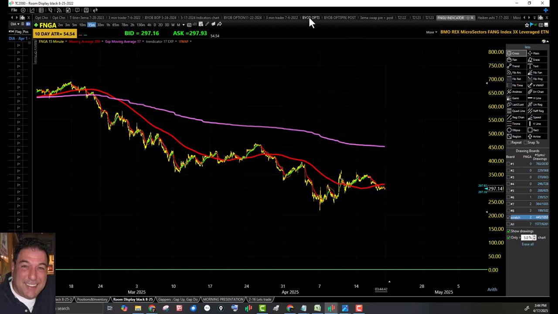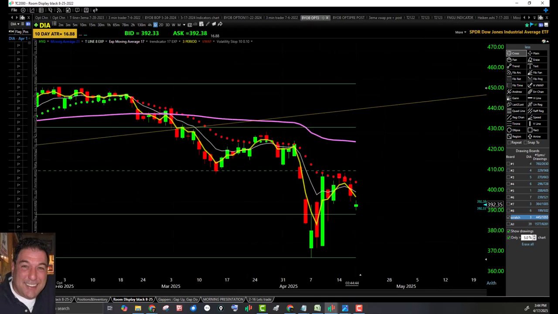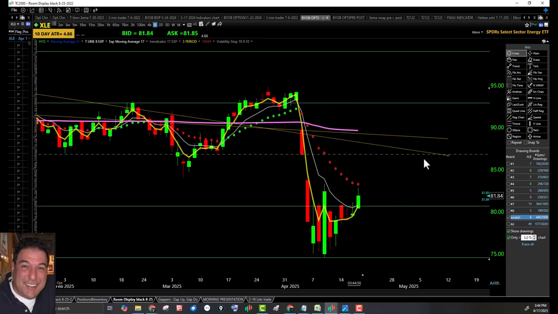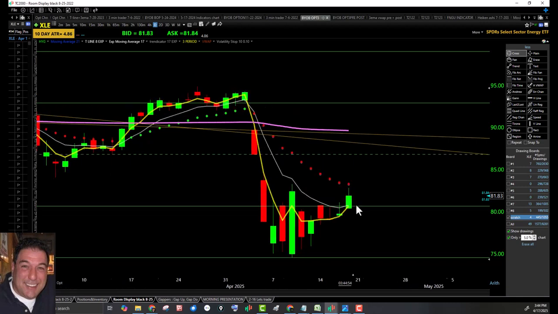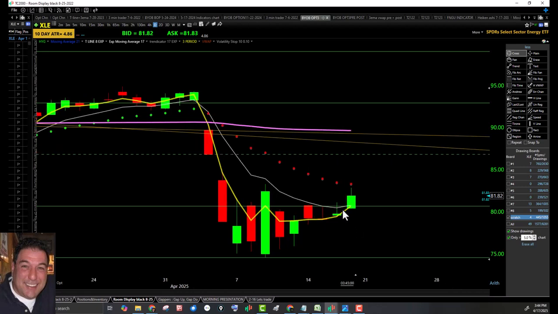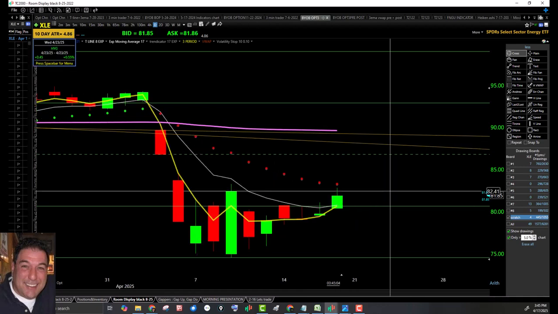Let's take a look at some technicals. First technical we'll look at, not technicals, some sectors. Take a look at XLE. XLE didn't have a different day than the market yesterday, and it's having a different day than the market today. Higher low, higher high, closing over a bearish trap under the falling 17, still in the lower third, so it's bearish.